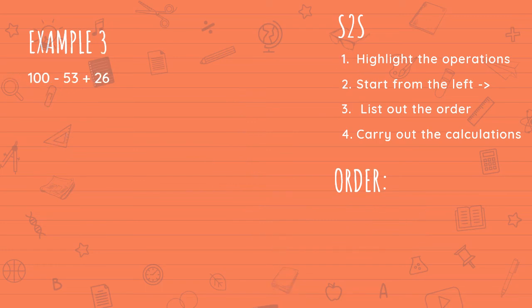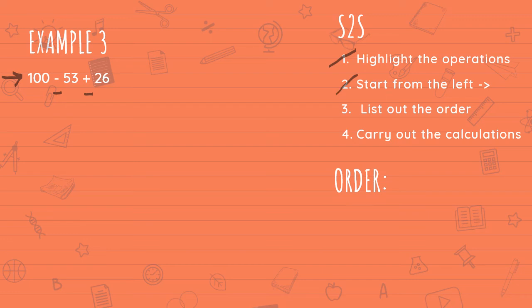Example 3, highlight the operation. So we have minus and we have plus, so that is step 1. Step 2, start from the left. It helps if you write down the arrows so you know where to start. It will also help if you have a lot of operations later on.